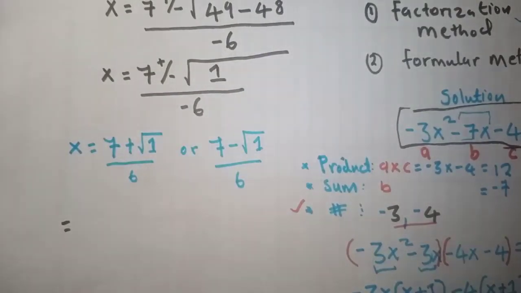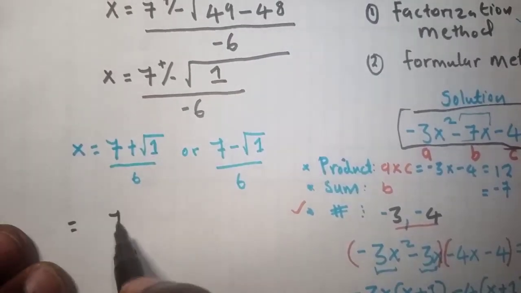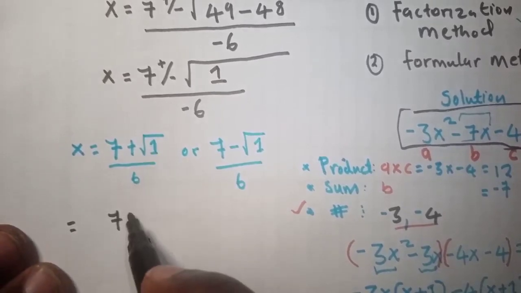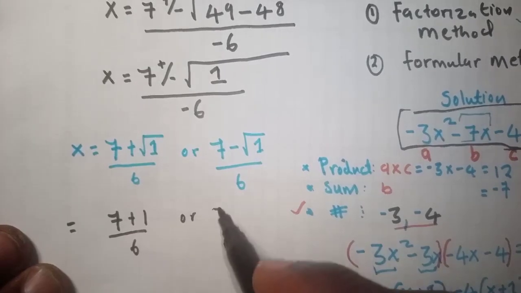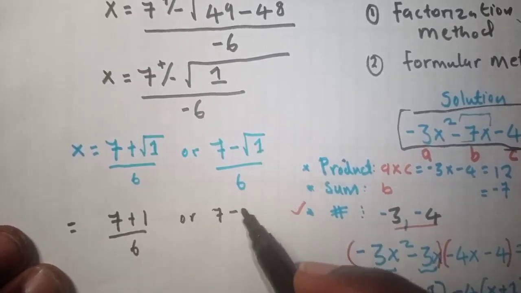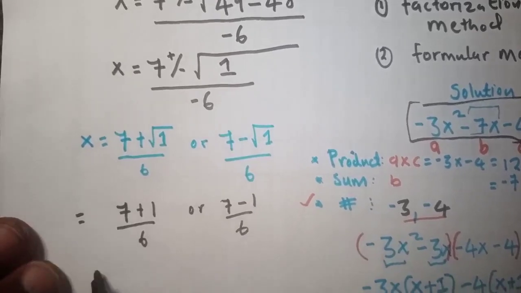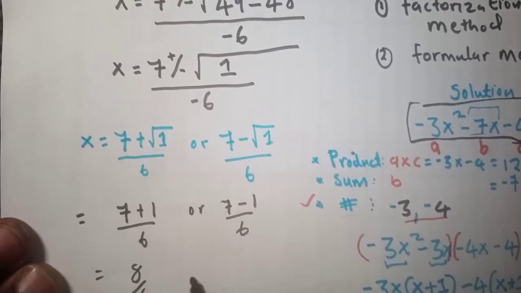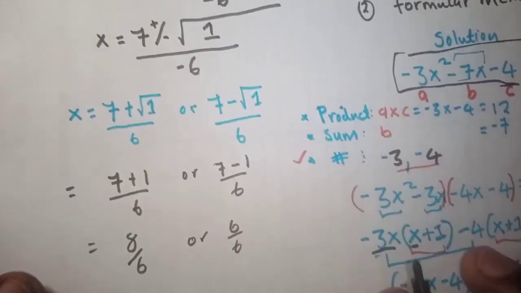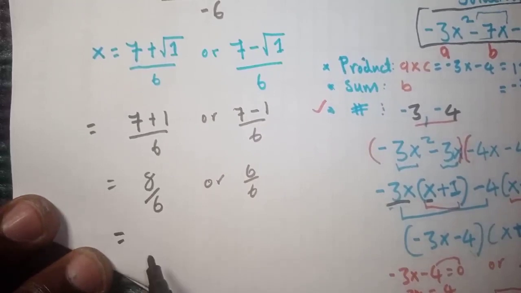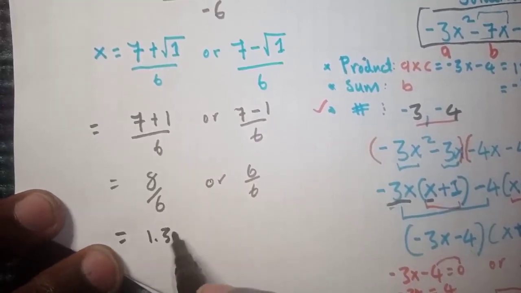If you're really good at mathematics, you can simply say this is 7, square root of 1 is 1, over 6, or this is 7, square root of 1 is 1, so minus 1 over 6. This is going to be 8 over 6, or 6 over 6. Okay, so here we multiply using calculator. 8 minus 6, you get 1.333.